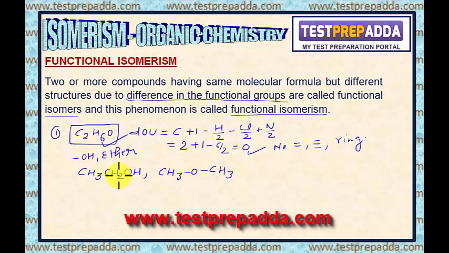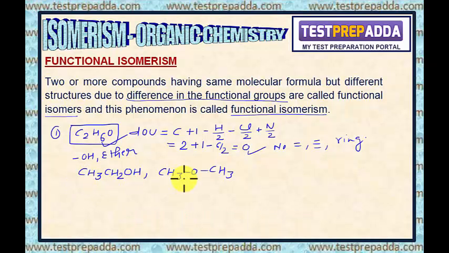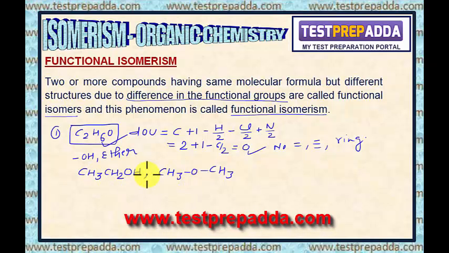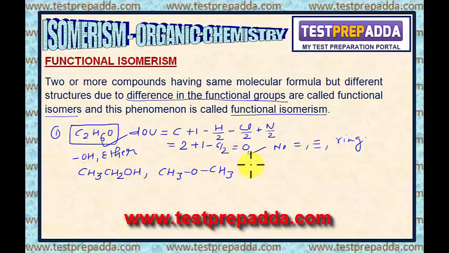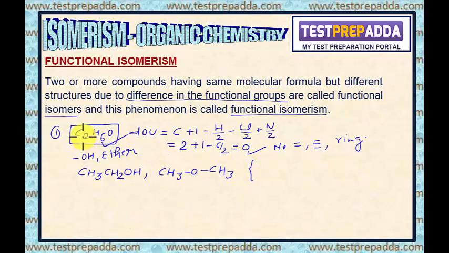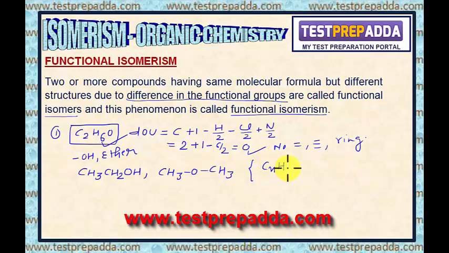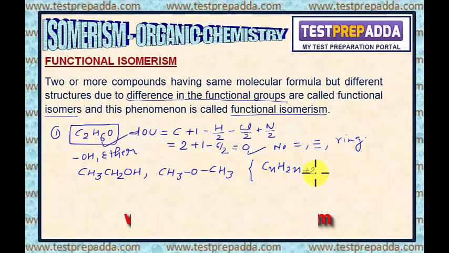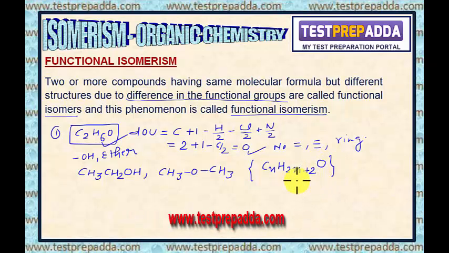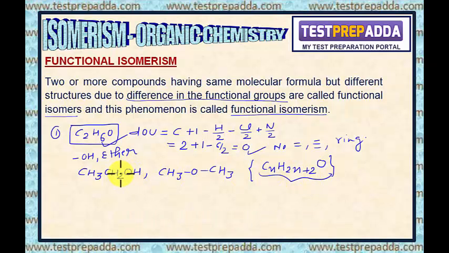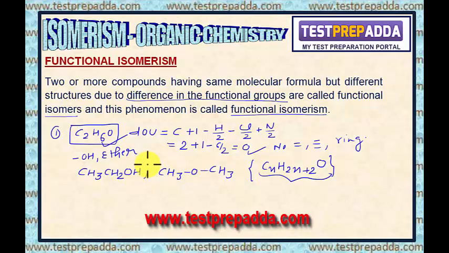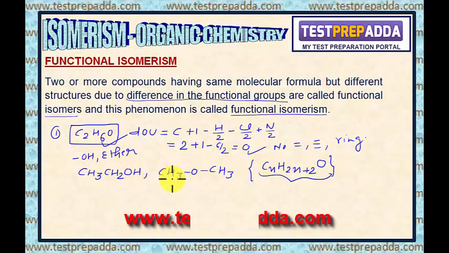Here also there is no unsaturation. So these are the structures which we can write with this molecular composition. In a general manner, in place of C2H6O, you can write CnH2n+2O. So whenever this molecular composition is given, you can write functional isomers alcohol and ether.